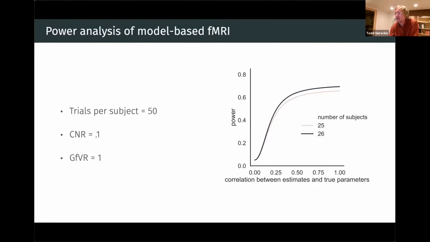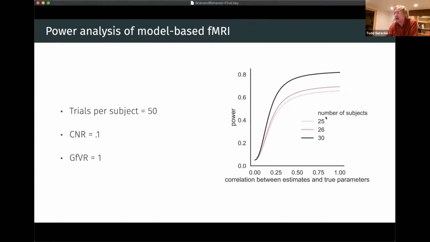So as we add additional subjects, we can see these curves increase the power, which makes sense. As you add subjects to your fMRI design, you're increasing your power to detect this relationship. But what's interesting is this issue. If you were at a particular low level of correlation between the estimates and the true parameters, you could ask the question, what if I could do something?